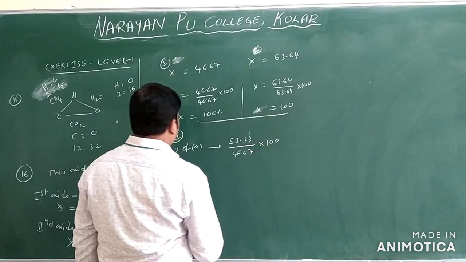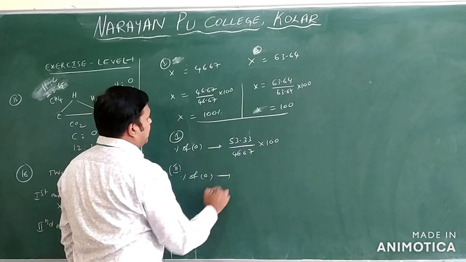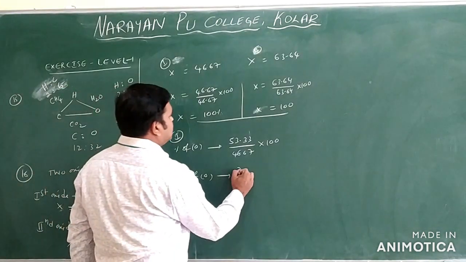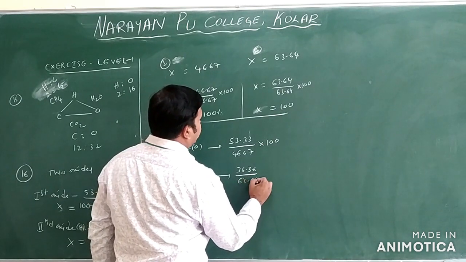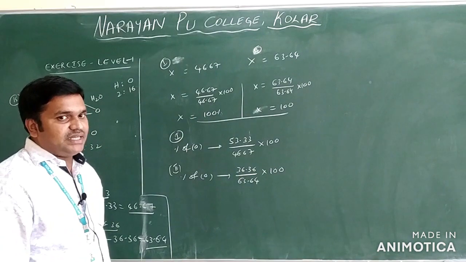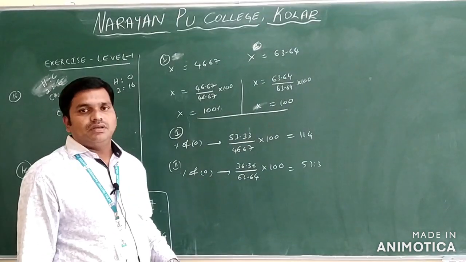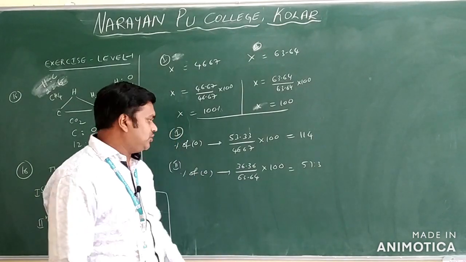Now we take the percentage of oxygen in the second oxide: 36.36 by 63.64 into 100 only. You will get the amount of oxygen for a fixed amount of element. So after solving you will get 114 and here you will get 57.31 only.